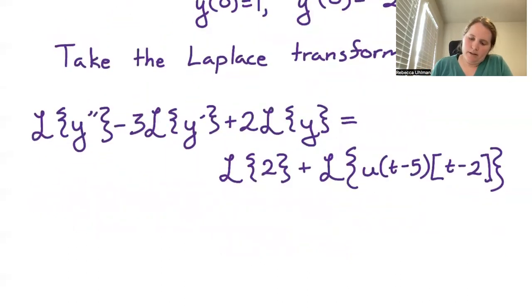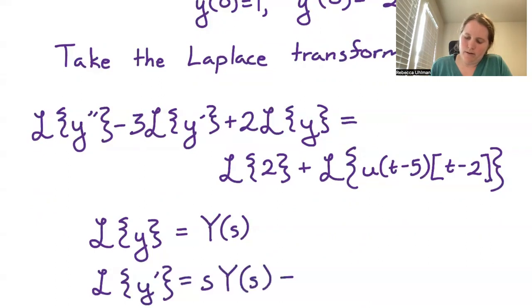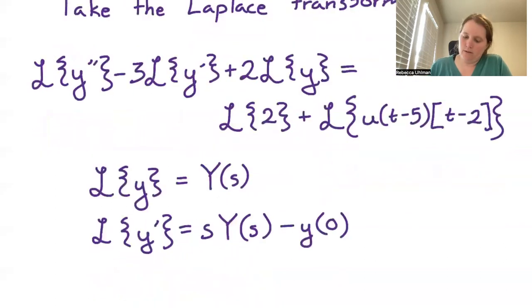If we set the Laplace transform of y of t equaling capital Y of s, then the Laplace transform of y prime is equal to s times capital Y of s minus y of 0, that was equal to 1. So we have s times capital Y of s minus 1.